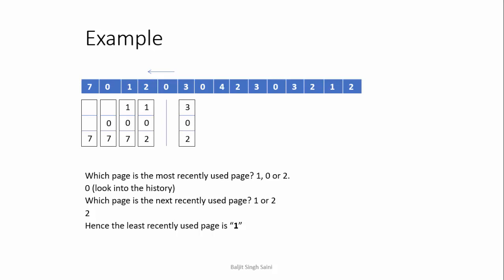If you understand this, this is the difference between least recently used and first in first out. You can check first in first out at this point and the difference will become clear. Because I had just used 0 before 3, I am not going to replace 0. Before that I used 2, therefore I will not replace 2. So what is left, only 1. So hence 1 is replaced with 3.